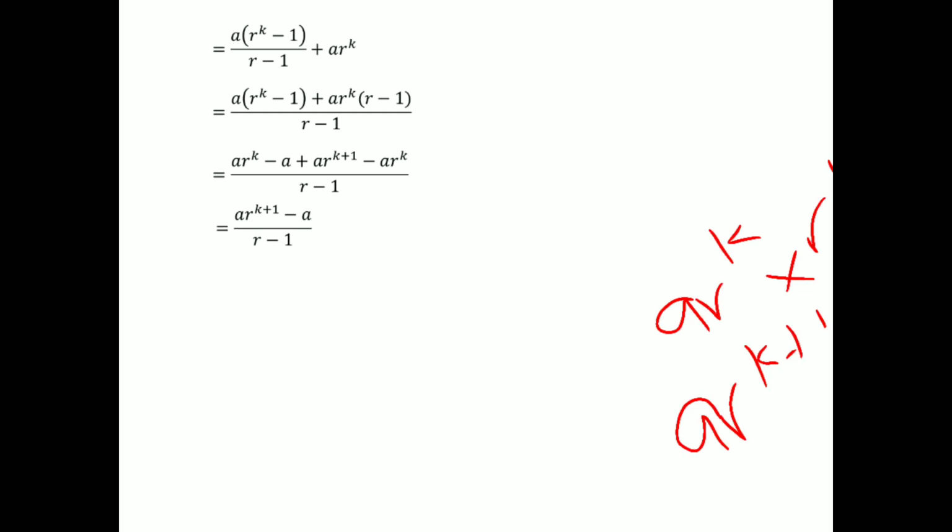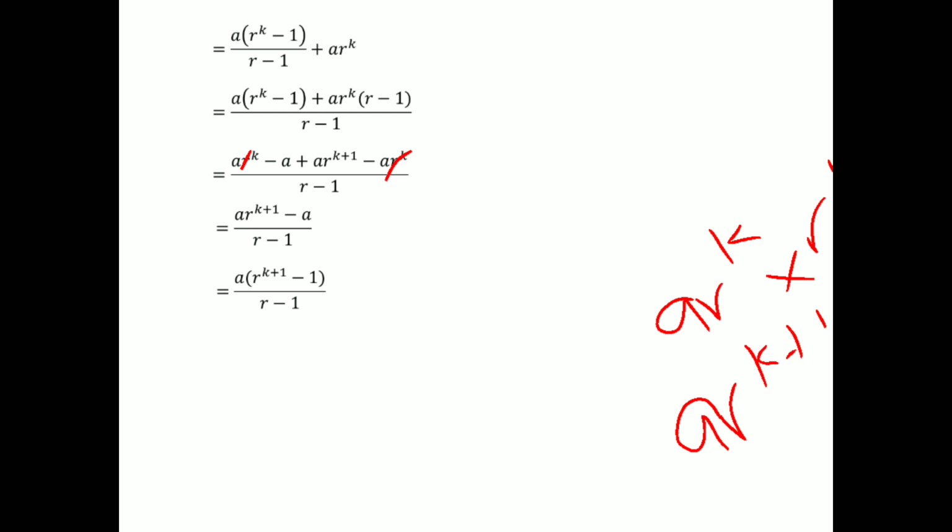Okay, so you notice that ar to the k cancels ar to the k, minus ar to the k is 0. So we are left with ar to the k plus 1 minus a all over r minus 1. We can factorize a to give us r to the power k plus 1 minus 1.